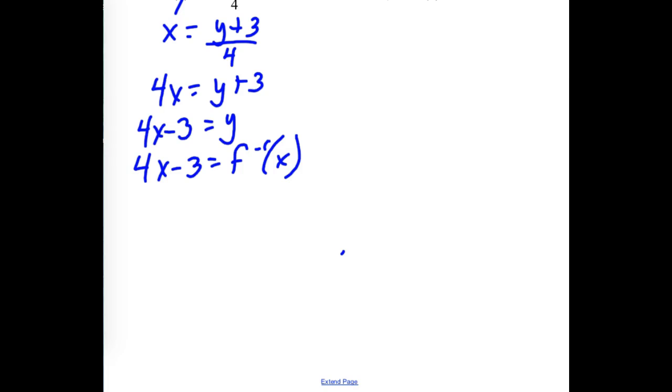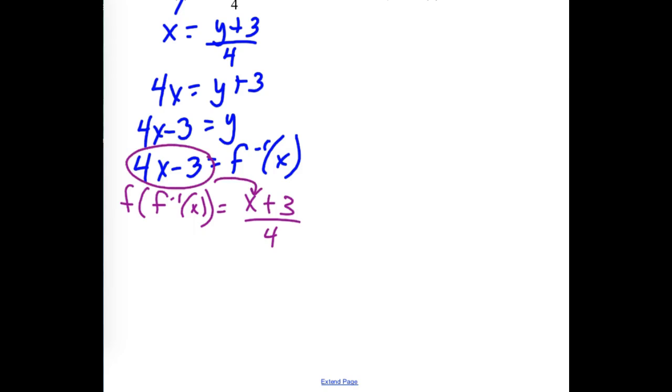Okay, so we're going to do two compositions. We're going to do the function with the inverse. Our original function was x plus 3 divided by 4, right? And now instead of that x, we want to dump in our new inverse function. So we're going to take this expression and dump it in there.